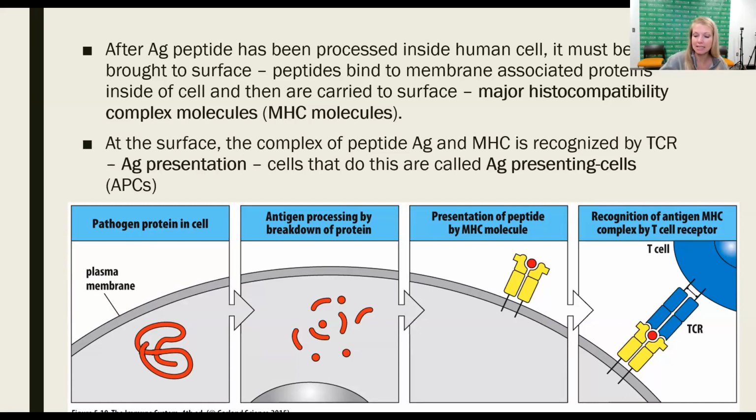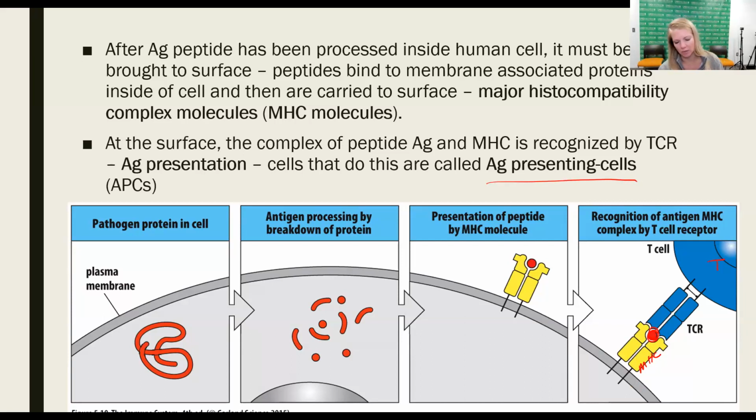And so you can see in this last image, we have our T cell over here with our T cell receptor. In this case, it's an alpha beta T cell. It's recognizing peptide antigen in conjunction with MHC molecules. Now, cells that have MHC molecules and do this presenting are called antigen presenting cells, or APCs. Okay, we'll come back to that concept a little bit later.